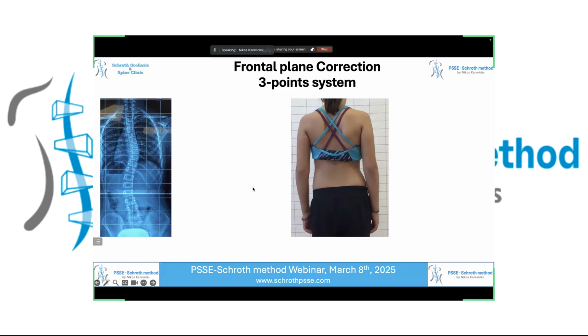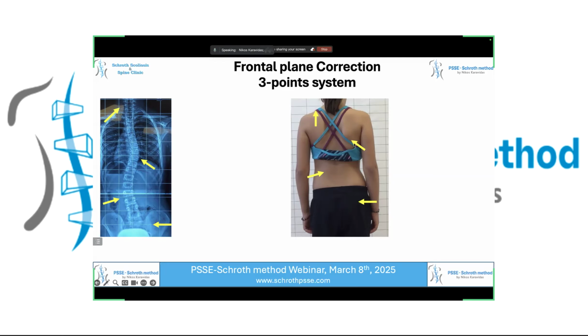So what we want to do in the frontal plane is to apply some forces in the proper areas to put the spine, the pelvis, the whole trunk in the best possible alignment. So we need to correct the pelvis from right to left. We need to correct the left lumbar curve to the right, always going in the cranial direction, because we always need elongation.